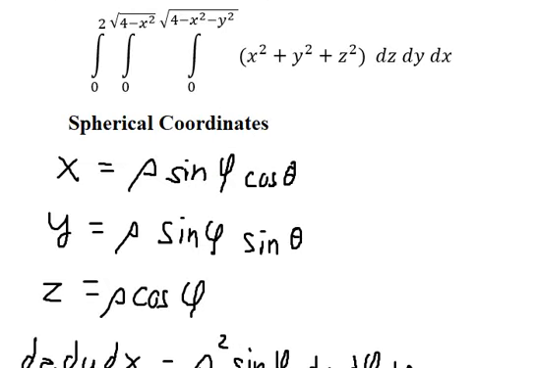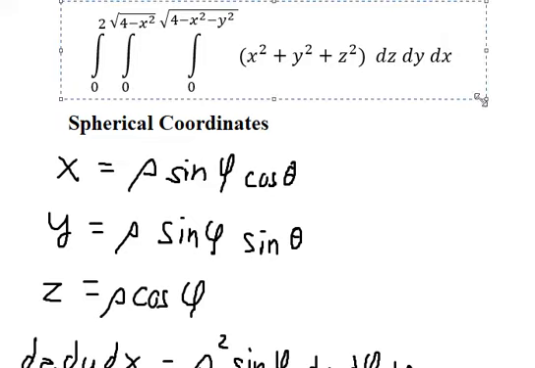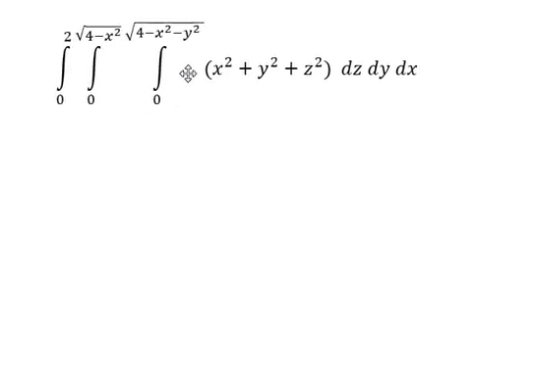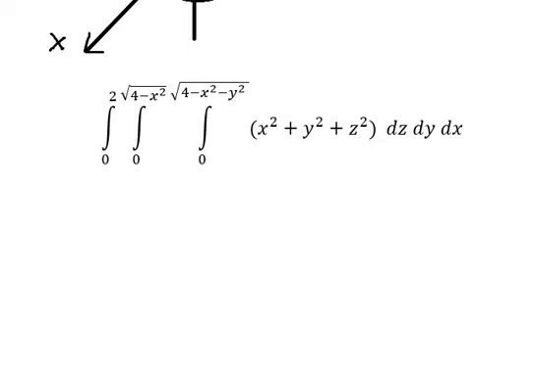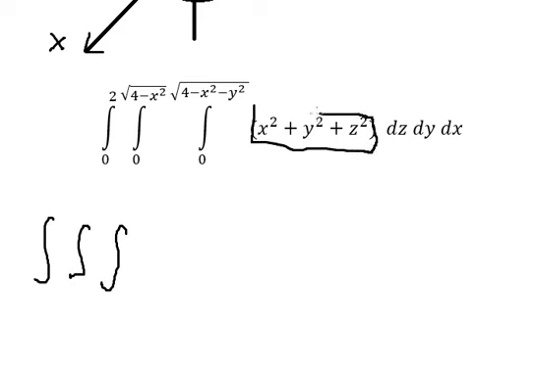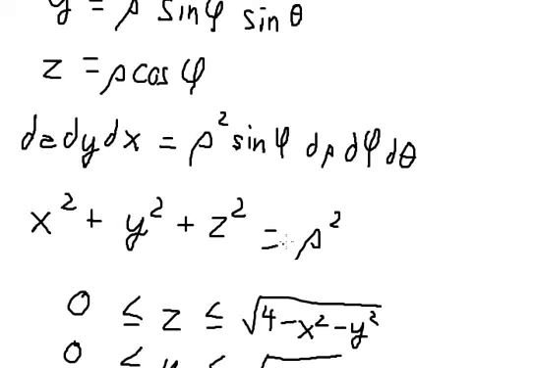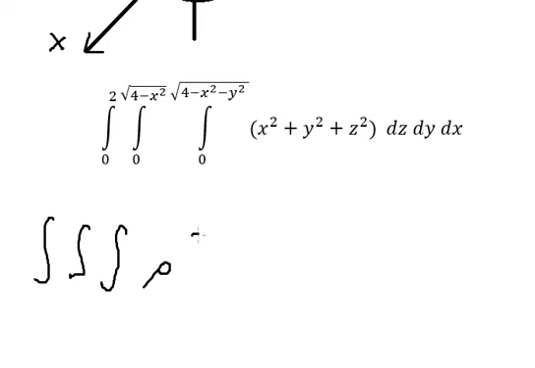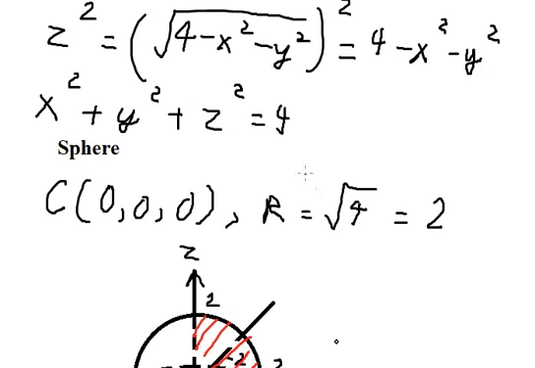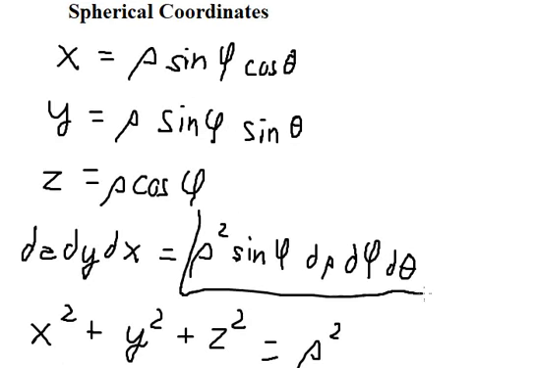Now we need to change everything in here. We need to change the triple integral into this one. This one we change to rho square, and this one we change to this one.